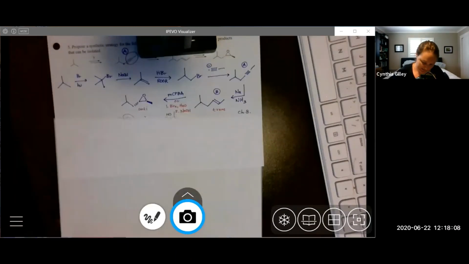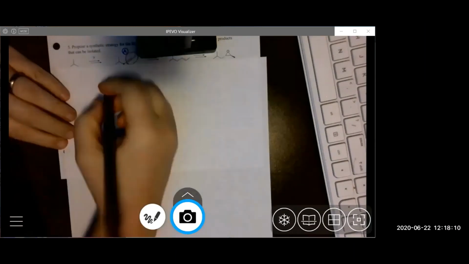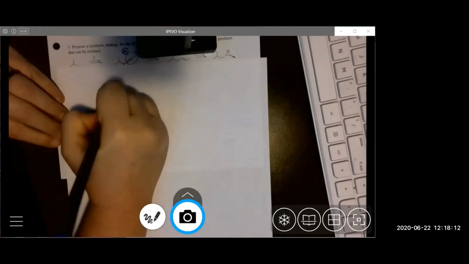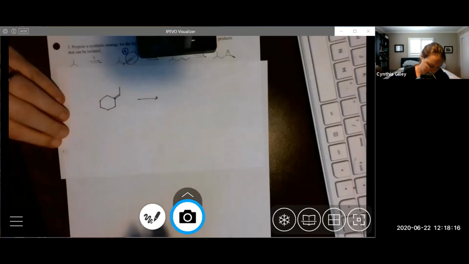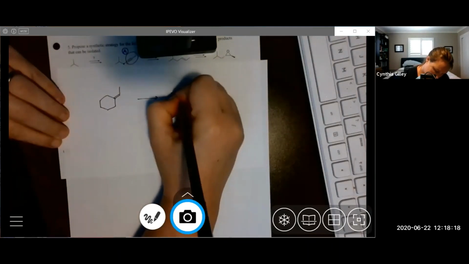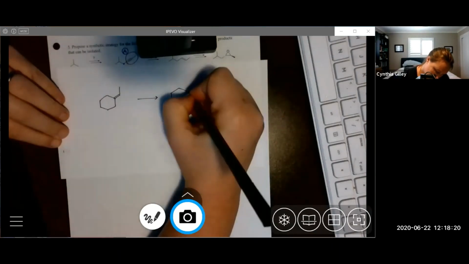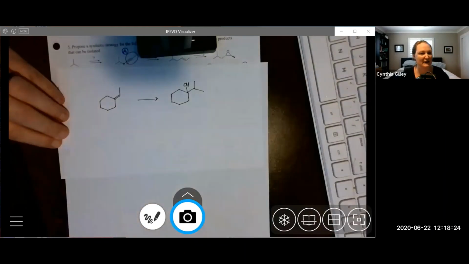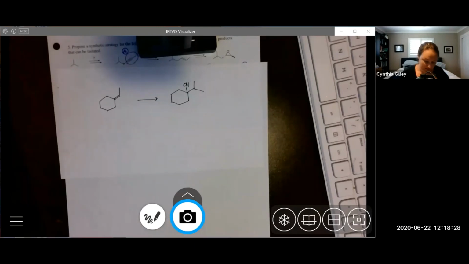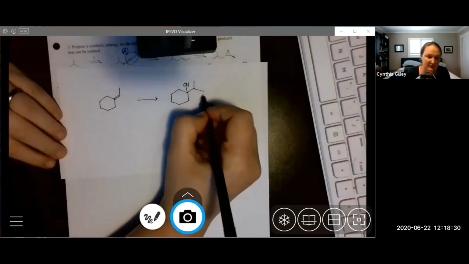So once we get to the alkene, our goal here is very different than what I initially thought. Okay, so in order to do this, we need to do a Grignard.